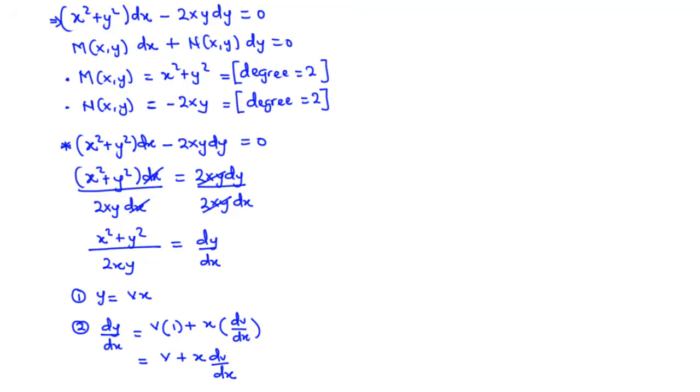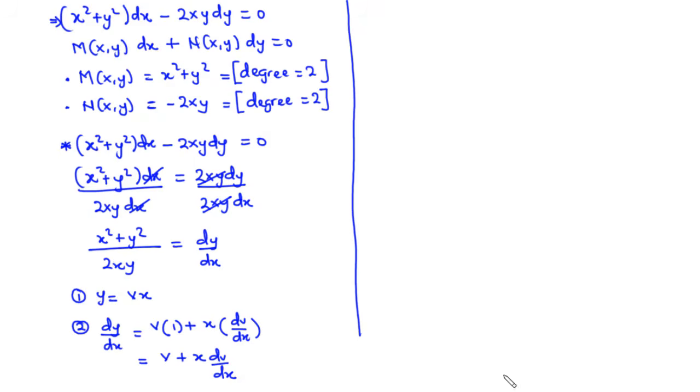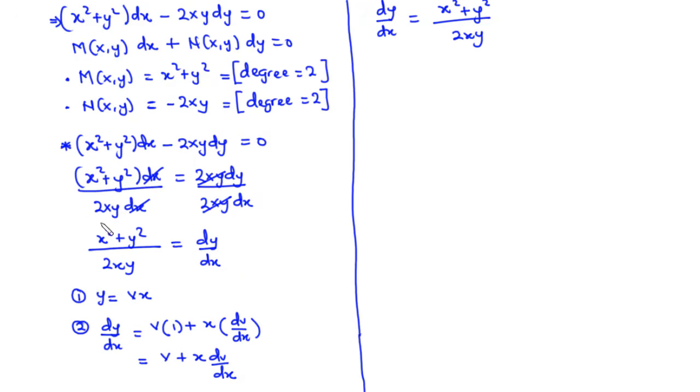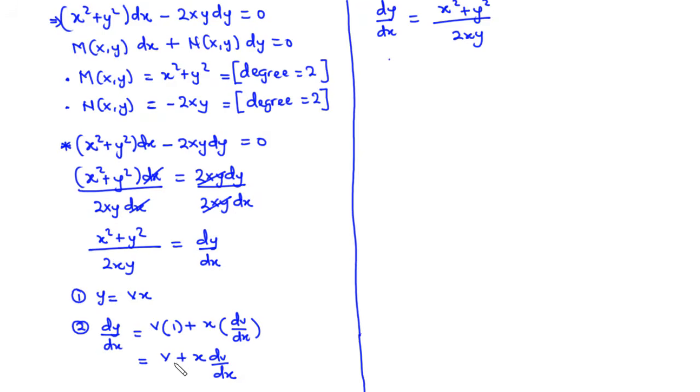So let's do that. So for dy/dx equals (x squared plus y squared) over 2xy. For dy/dx, we have v plus x dv/dx.